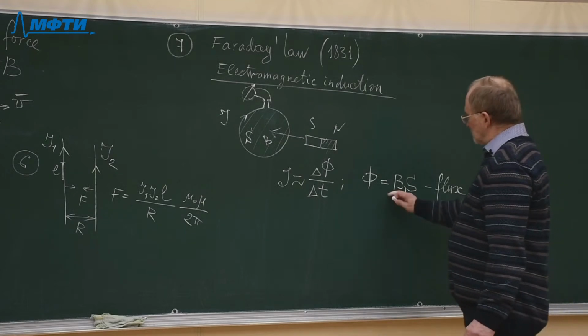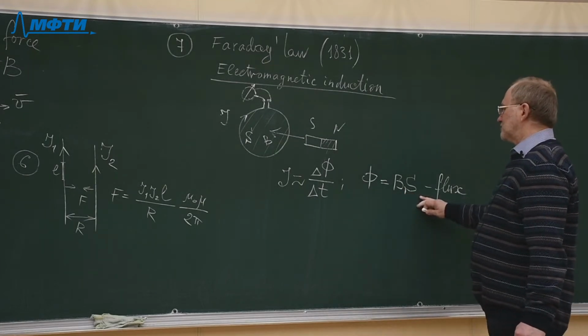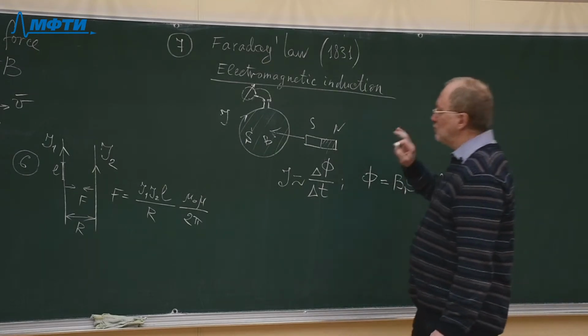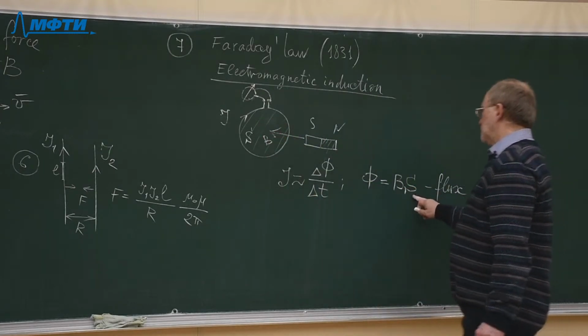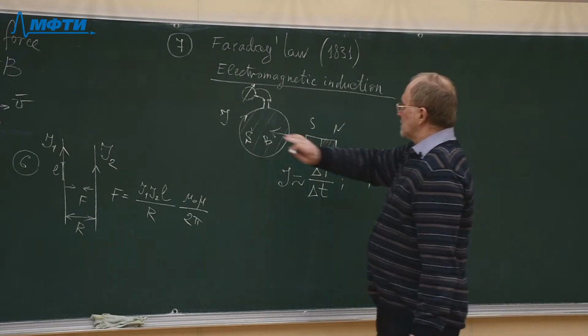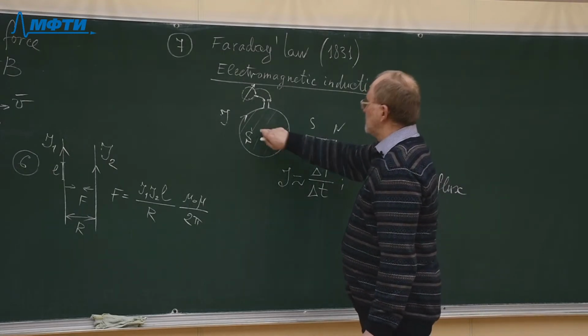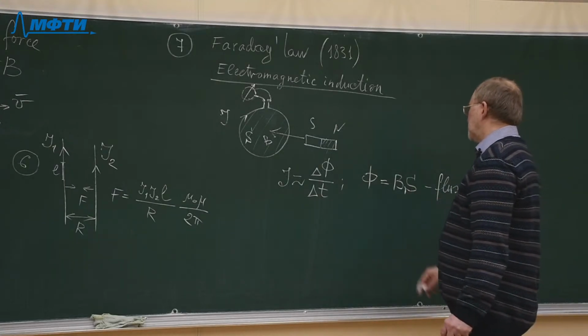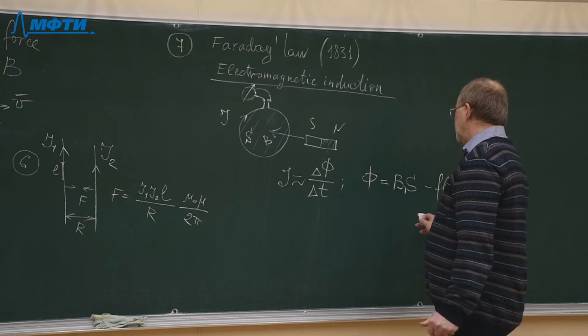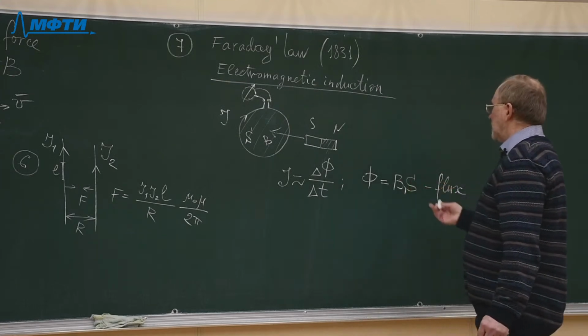Actually, this formula is correct only in case we have a uniform magnetic field which goes through this area, and the field is perpendicular to the area. If the field is not perpendicular and if it's not uniform, then the formula will be more complicated.